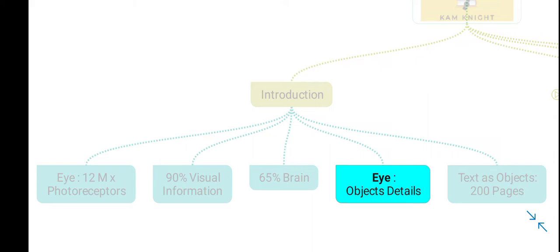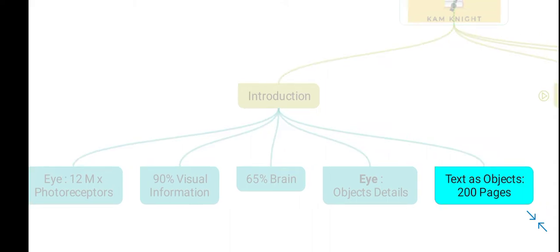So our eyes can capture a lot of details about objects very easily, as compared to the text which is available in books. So this book answers the question of how we can process text as objects in order to increase our reading speed to a limit that we could read 200 pages in 1 hour.